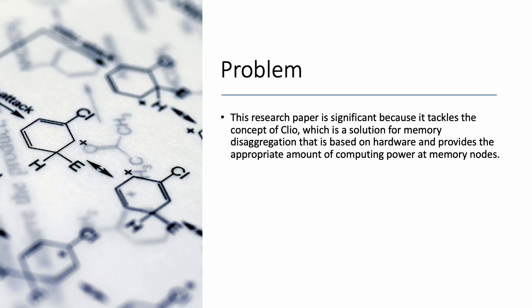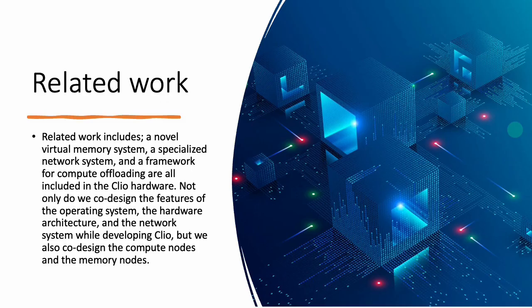Memory disaggregation is based on hardware, and it provides the appropriate amount of computing power at memory nodes. We will conclude with three different types of hardware for this problem, and decide how it is going to be processed. Related work includes a virtual memory system, a specialized network system, and compute offloading, all included in the Clio hardware.